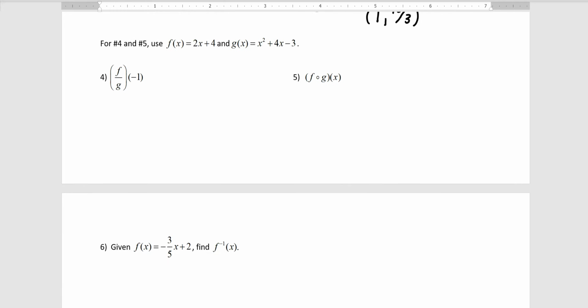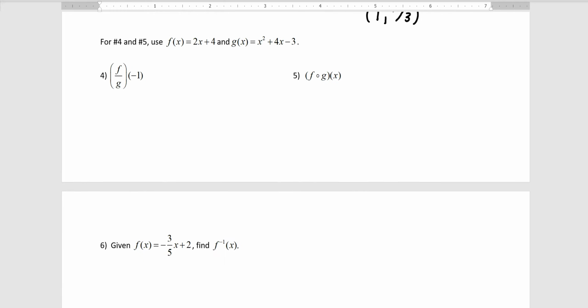Looking at 4 and 5 now. So looking at number 4, we're going to use f over g of -1. So remember, this is the same thing as f of -1 divided by g of -1. So I'm going to find f of -1 first. 2 times -1 would be -2 plus 4 is 2. g of -1, let's write this out. So I'll have -1 squared plus 4 times -1 minus 3.